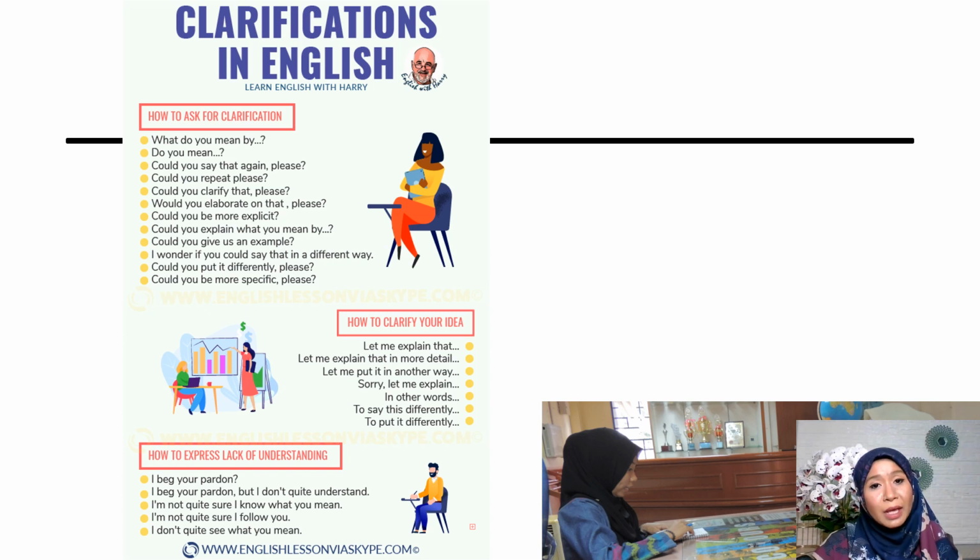Could you give us some examples? I wonder if you can say that in a different way. Could you put it differently, please? Could you be more specific, please? So notice the words could, would, and please. These words show that you are making clarification in a polite manner.